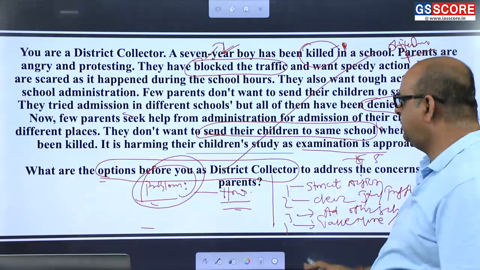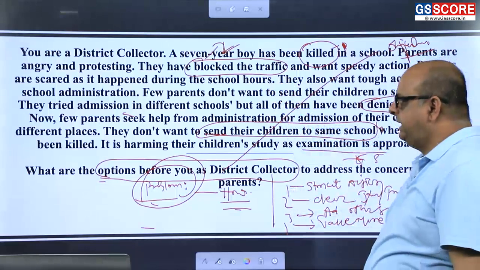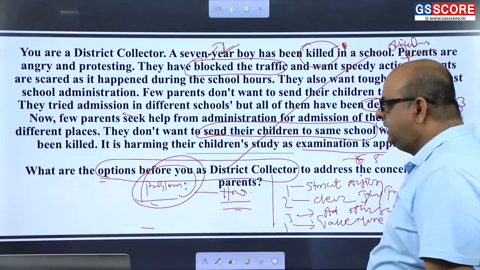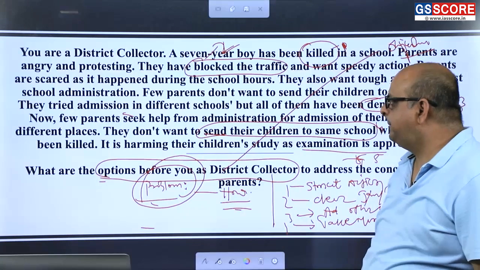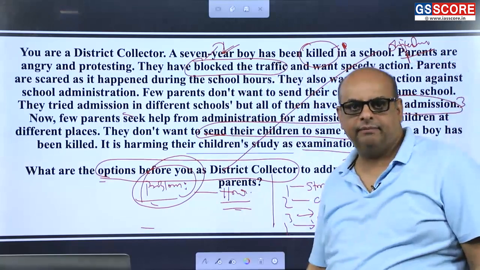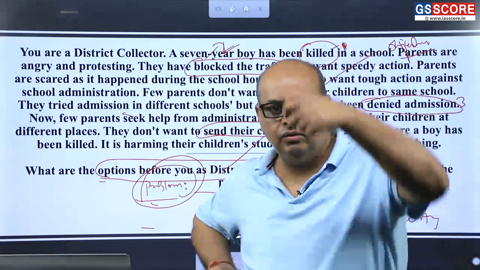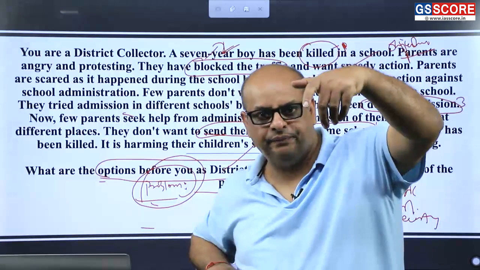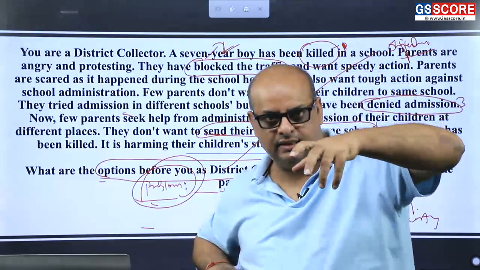In this case, the goal is basically that if you look at this scenario, it's not necessarily that in any problem statement, the problem is apparent. It sometimes happens that in the problem statement you are hooked by what is apparent, but the real problem is something else.